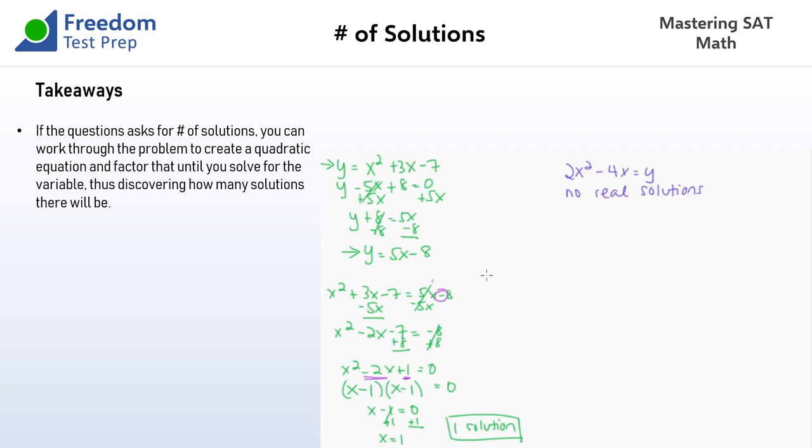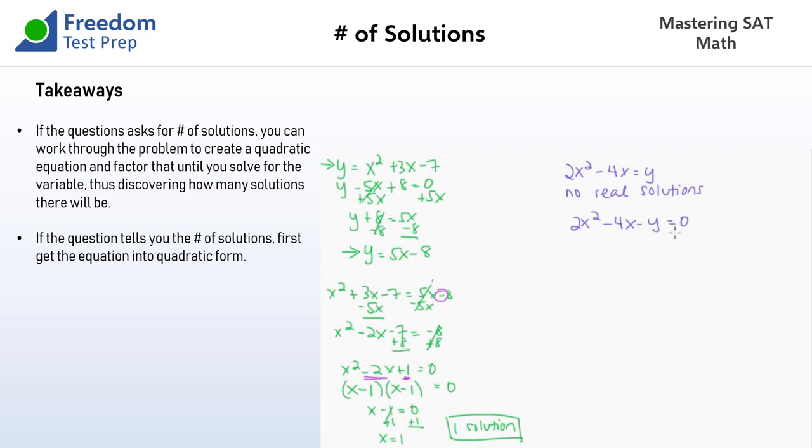All right, so what do you do? Well, the first thing you do is you get it into a quadratic looking equation. So we're going to subtract out the y. So we're going to end up with this.